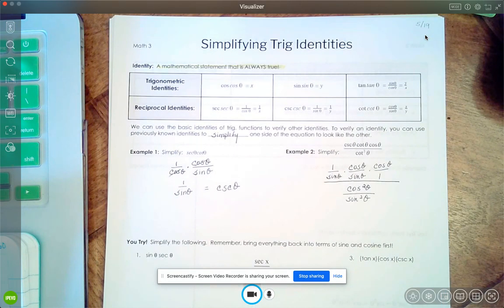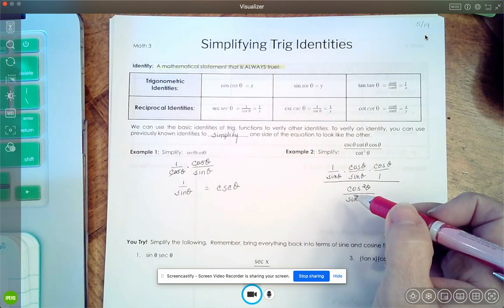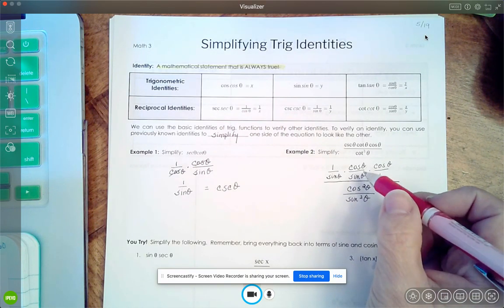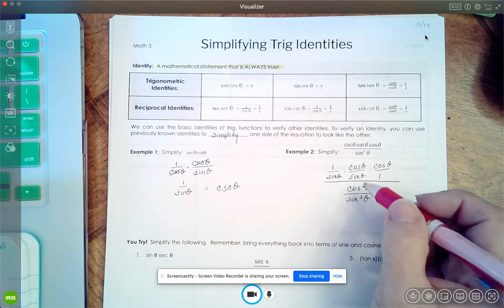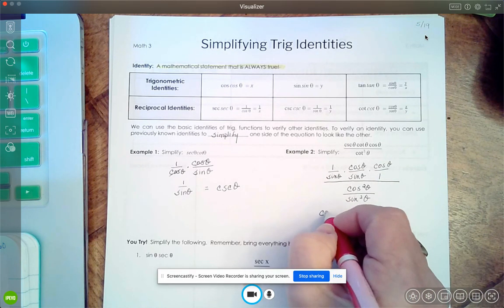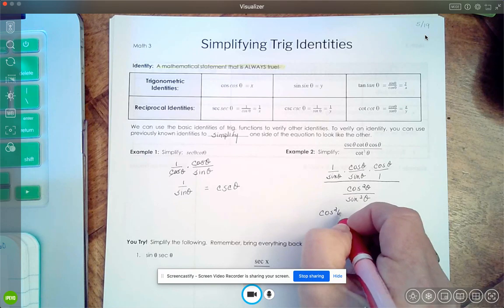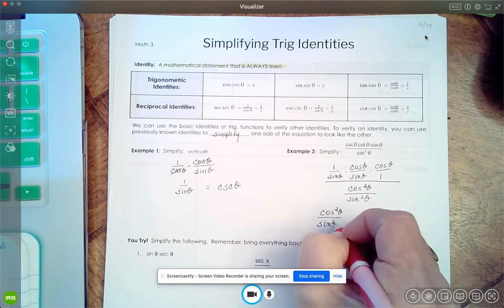Now, we're going to remember, if we have a fraction and we're dividing by another fraction, we multiply by the reciprocal. So I'm going to simplify the numerator. This is going to be cosine squared of the angle over sine squared of the angle.